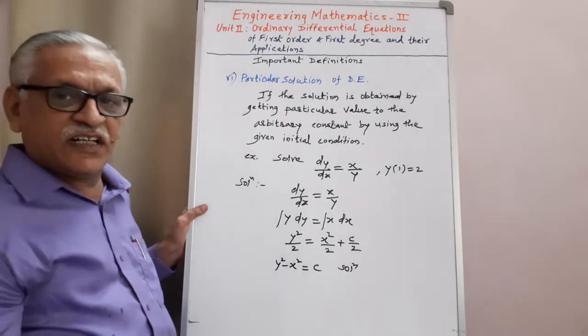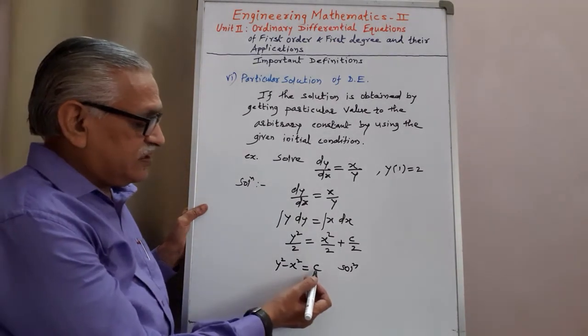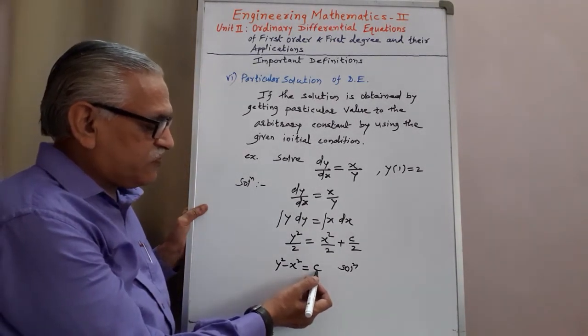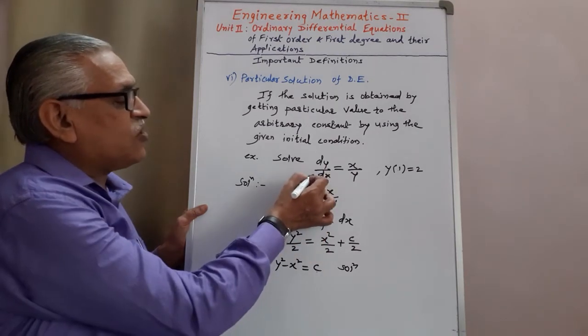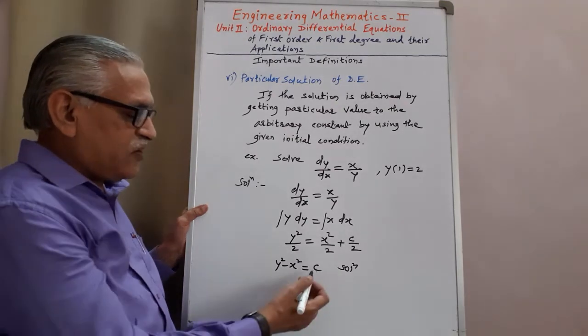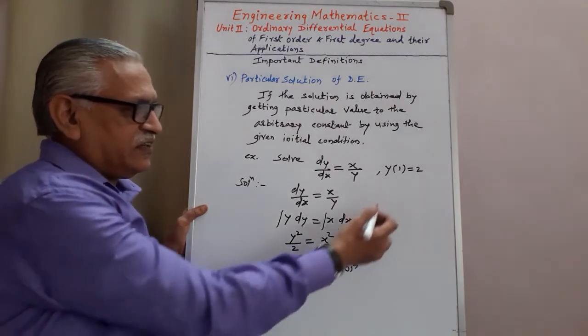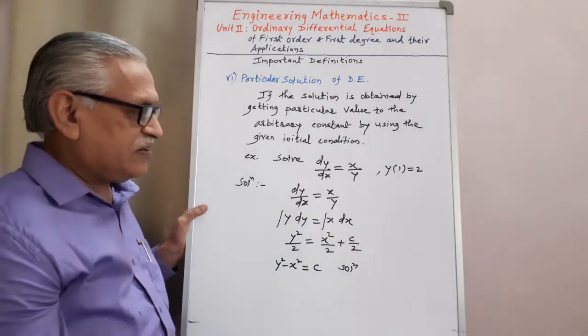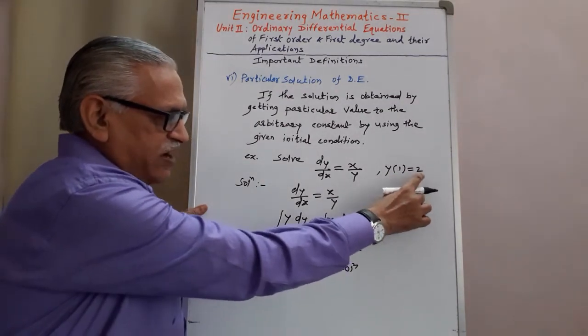And that solution is a general one, because the number of arbitrary constants here is 1, and it is equal to the order of that differential equation. And then we try to find the value of that constant c with the help of the given condition. When x is 1, y is 2.